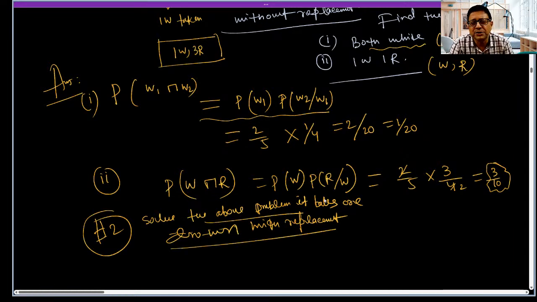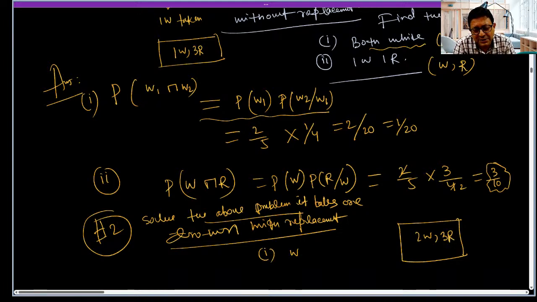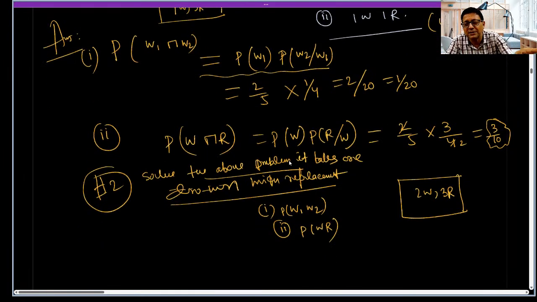Same situation we are taking, that 2 white, 3 red, and what is the probability of getting both white, and number 2, probability of getting a white and then a red. This we are going to find with replacement.